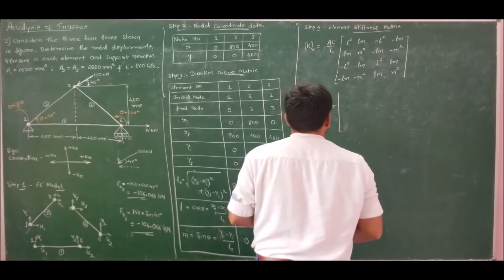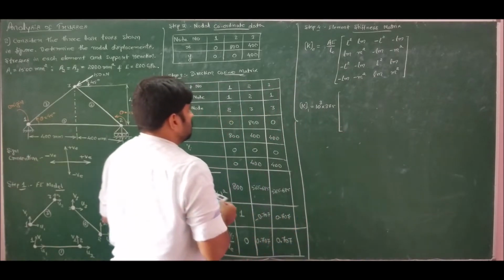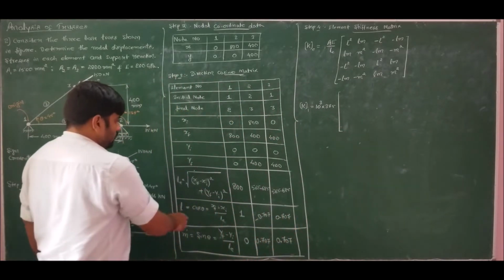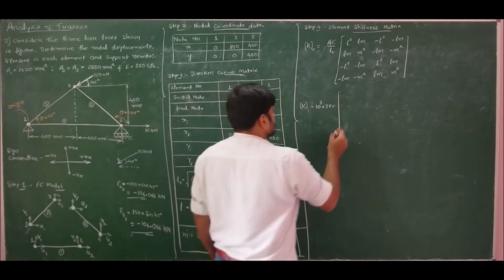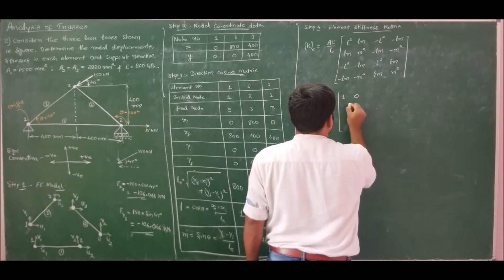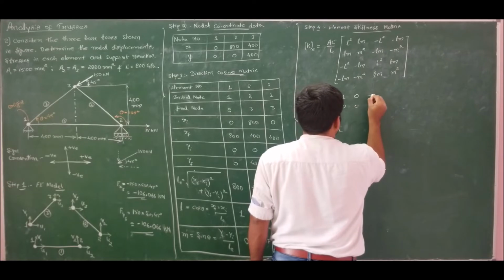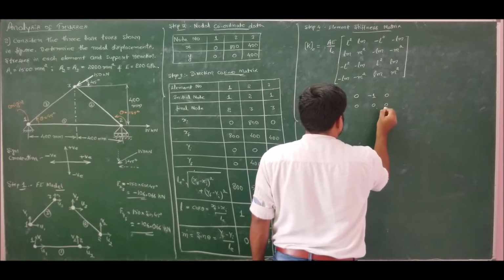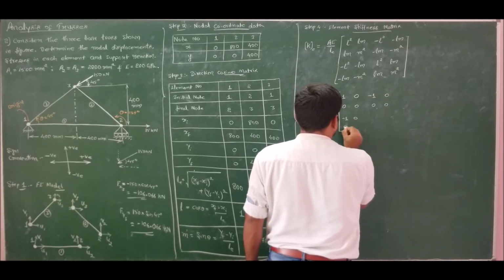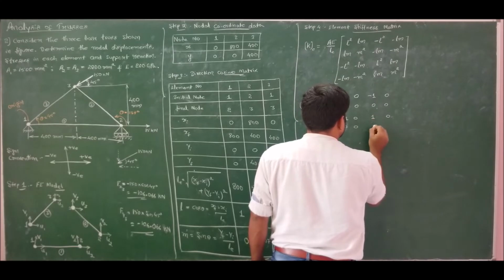If I solve, for element 1, L is 1 and M is 0, so the matrix is 1 0 minus 1 0, 0 0 0 0, minus 1 0 1 0, 0 0 0 0.